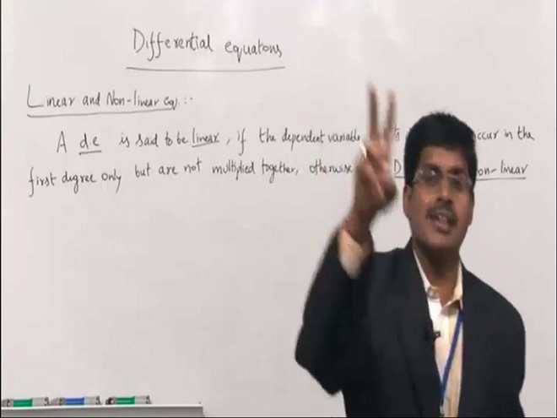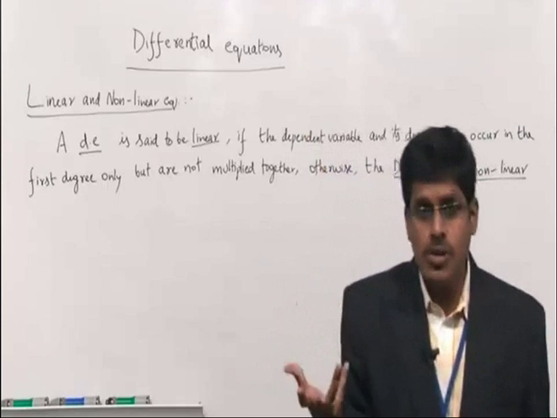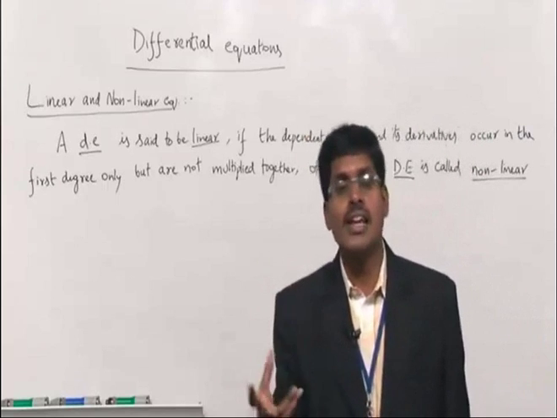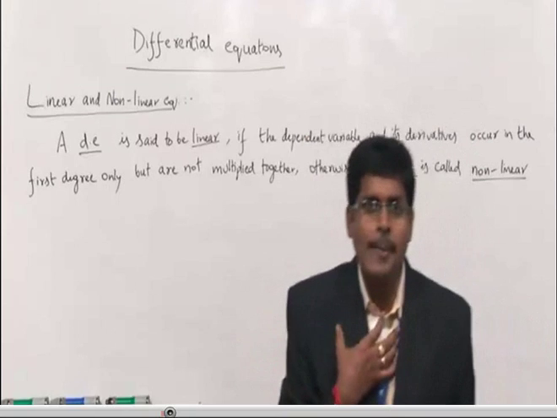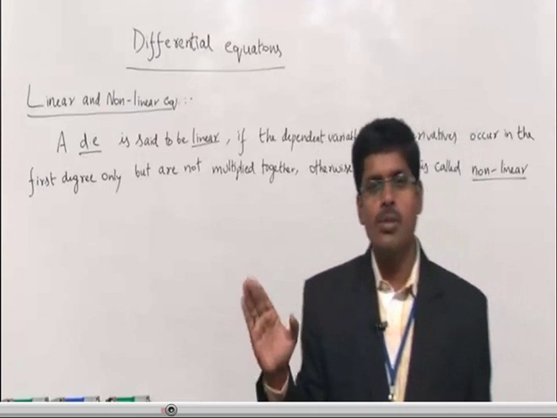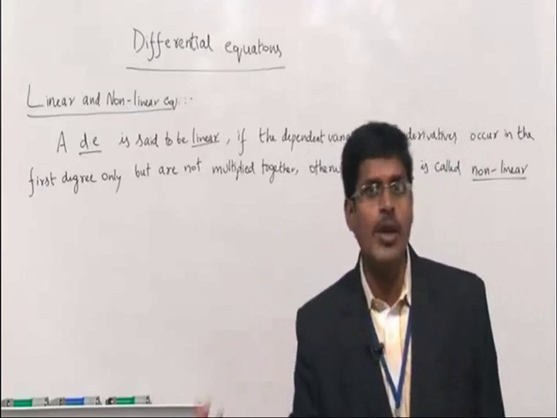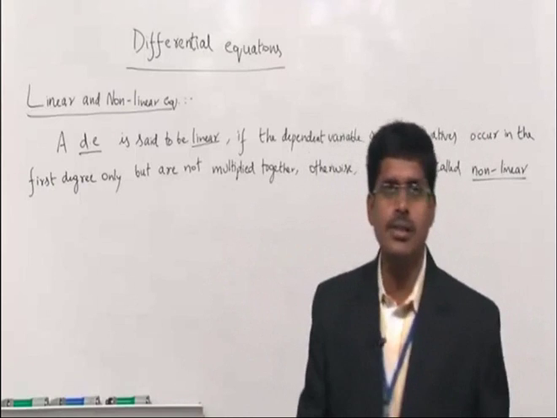Two dots, second time differentiation. Why I am telling all these different notations is that in your question, a differential equation may be given in any notation. But we are all habituated to the one notation, dy by dx, d square y by dx square only. But don't think that it is always that notation and those variables y and x. It may be any two variables, and any notation. Okay.